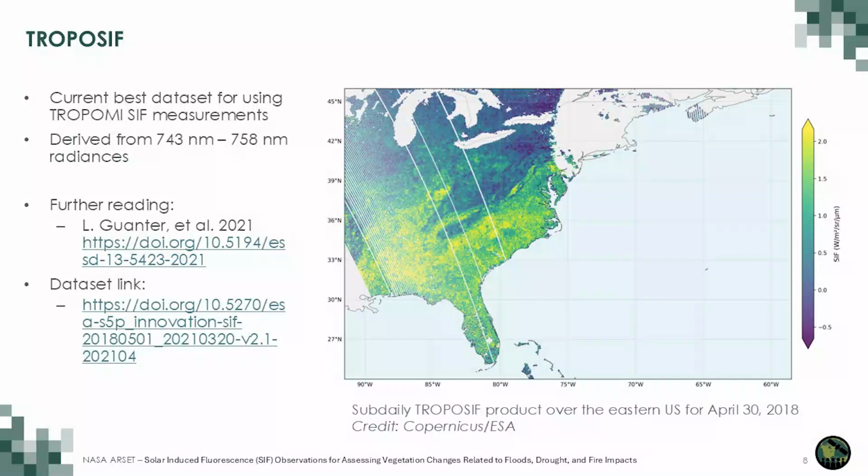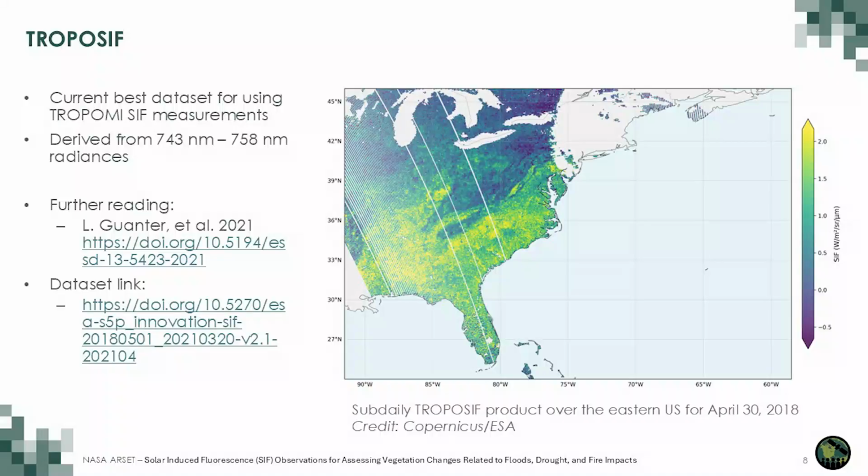TropoSIF is another great resource to use in addition to OCO2 and 3 data. Most of the research papers that we've referenced in this course make use of TROPOMI data to augment other sources of SIF, and for good reason. As you can see from the plot on this slide, the spatial coverage is quite substantial, and retrievals are available at a sub-daily cadence. Although we aren't covering its usage in this course, you're encouraged to take a look at the TropoSIF dataset on your own.